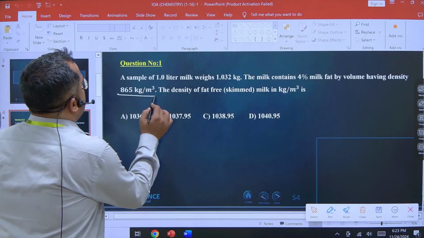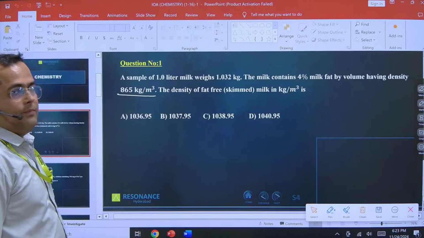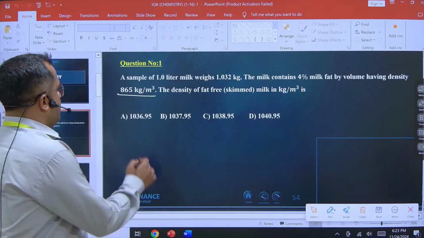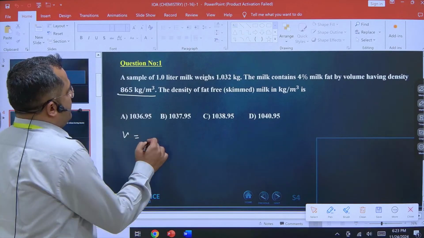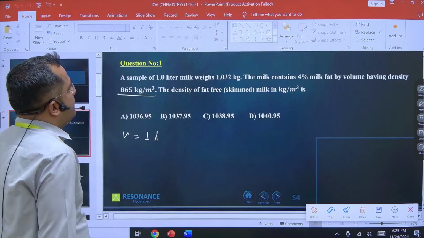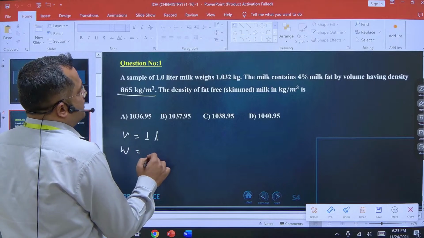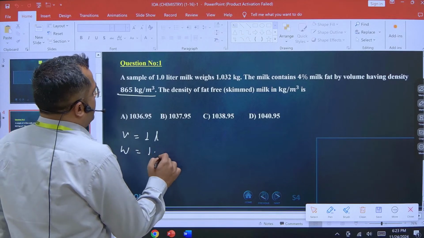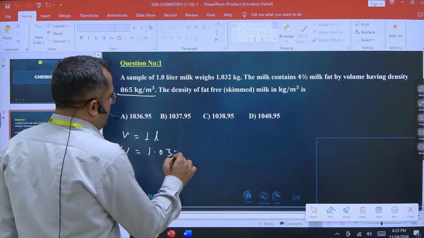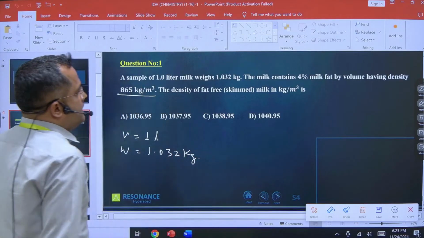The density is given in kg per meter cube. So writing all the information, first we have to write that 1 liter of milk is given and its weight is also given, 1.032 kg.